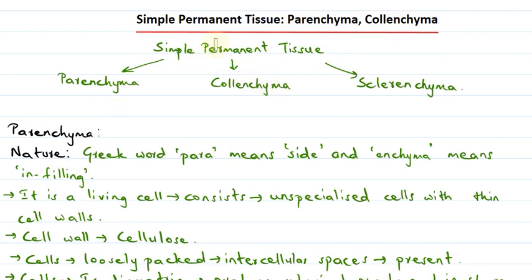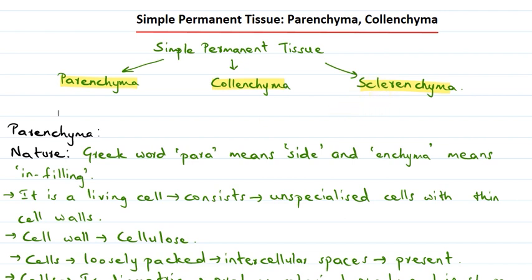So we had already studied that the simple permanent tissues are those in which the cells are of similar structure, origin and function. And we had also studied that the simple permanent tissue can further be divided into three types, that is the parenchyma tissue, collenchyma tissue and sclerenchyma tissue. So today we only discussed parenchyma and collenchyma tissues in detail. In our next video we will be discussing the sclerenchyma tissues.